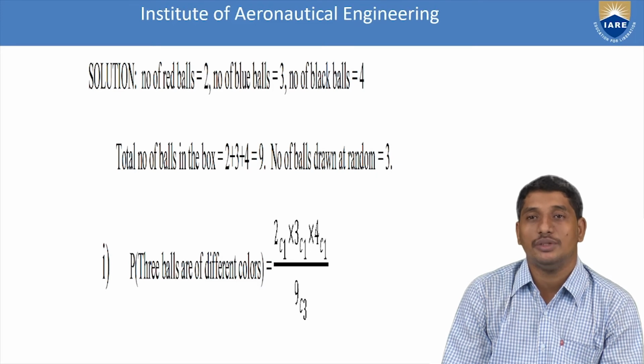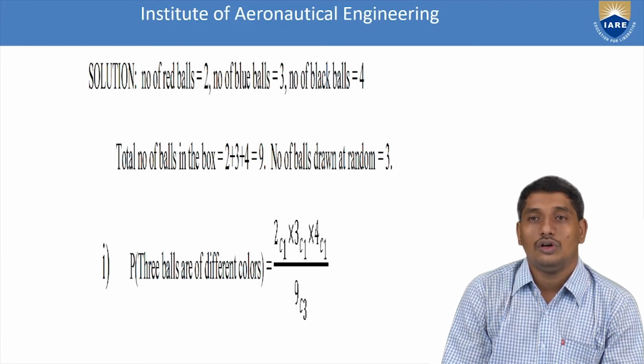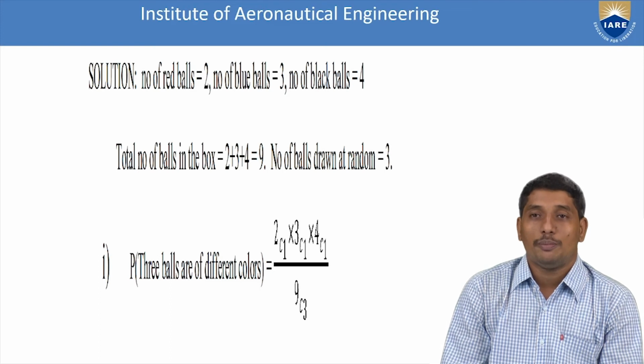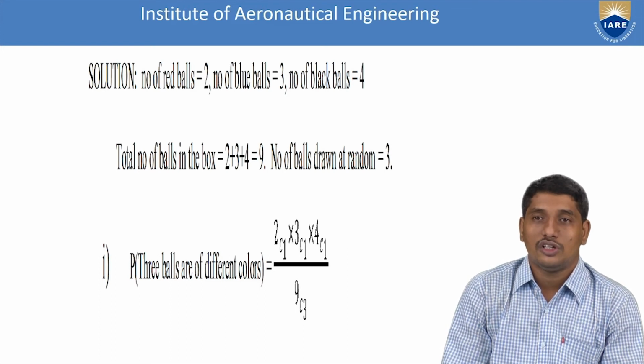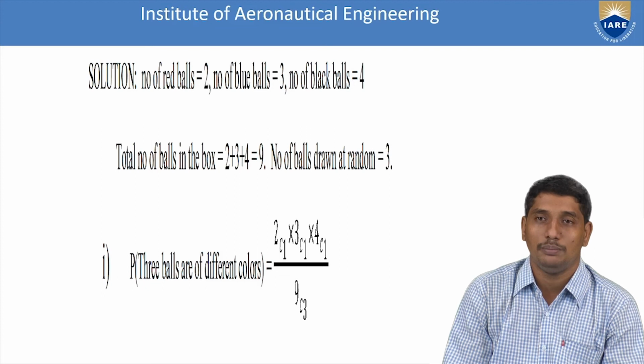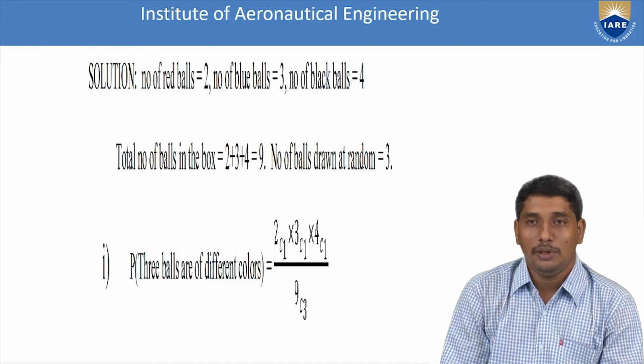Now let us take the first part. The first part says that we have to find the probability of getting 3 balls of different colors. So all 3 selected balls should be of different colors. We know the rule of counting, or rule of multiplication. If you are performing 3 different tasks, and the first task can be performed in M ways, the second task in N ways and the third task in P ways, then the 3 tasks can be performed in total in M into N into P ways.